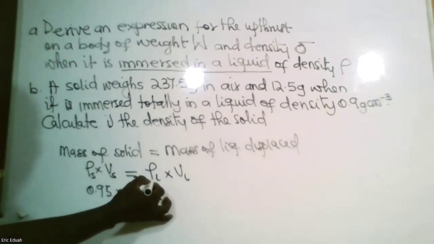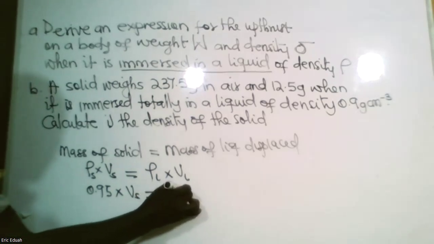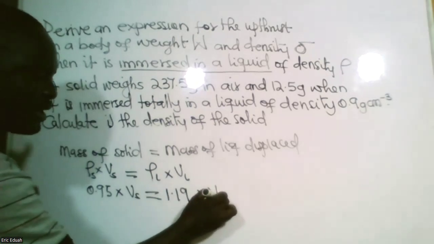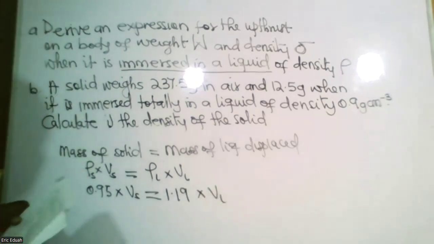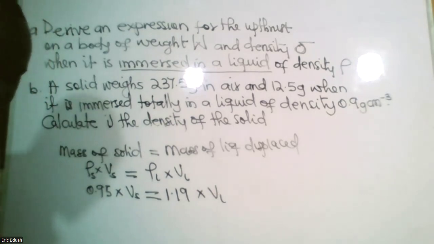Now the density of the new liquid, we are told, is 1.19 times volume of the liquid displaced. Now this question talks about fraction. Calculate the fraction of the solid submerged in a liquid of density 1.19.